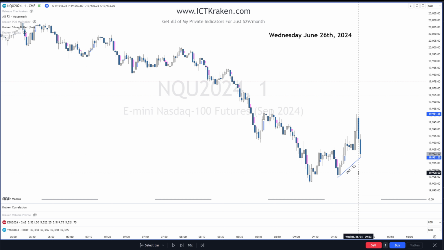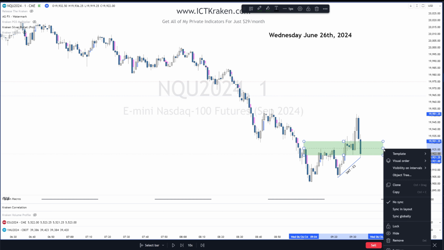Okay, so now what are we looking for? I don't like this as my breaker. I don't like that as the breaker right now. Technically you could take this as the breaker right here as your breaker.